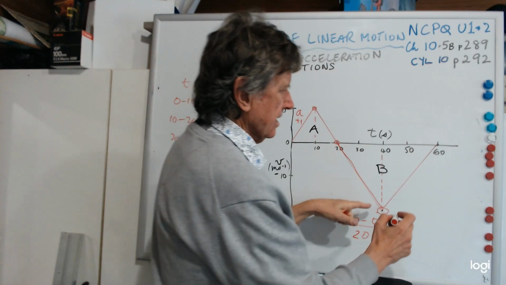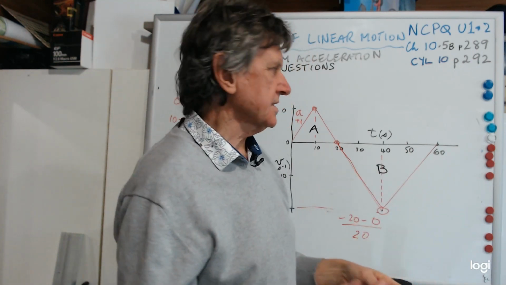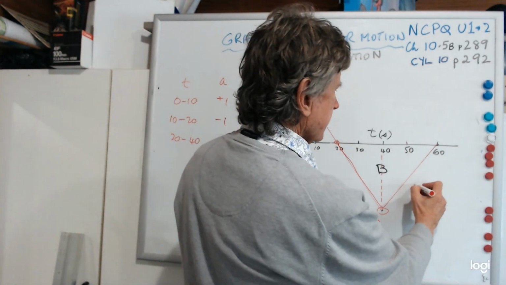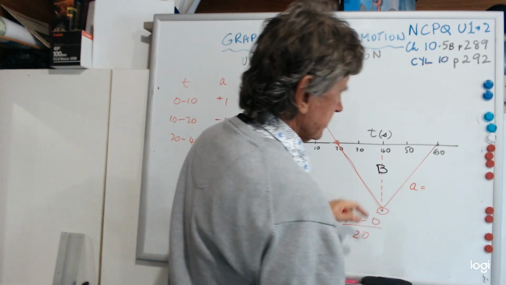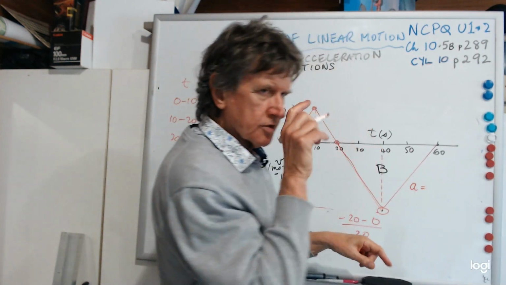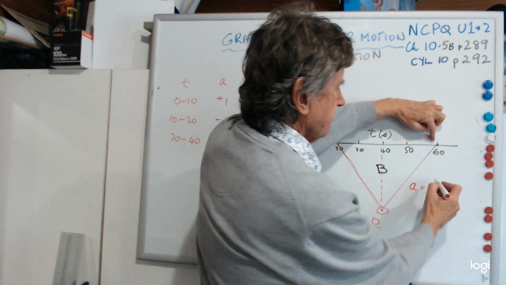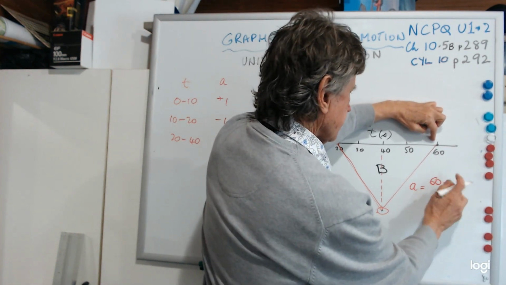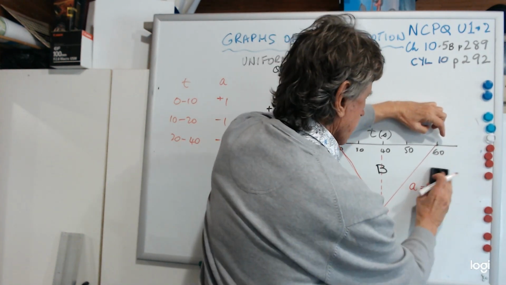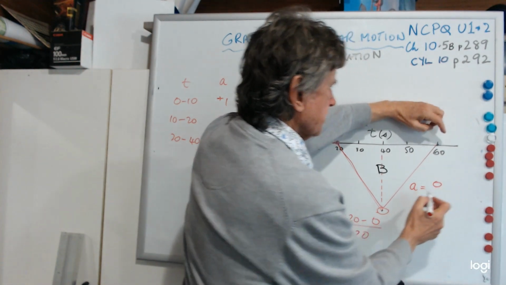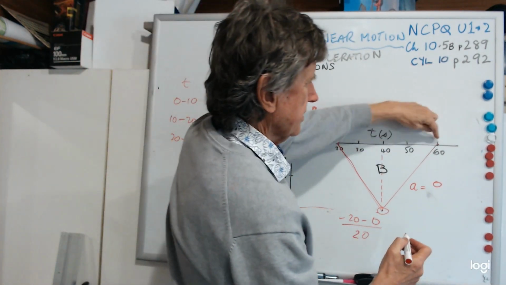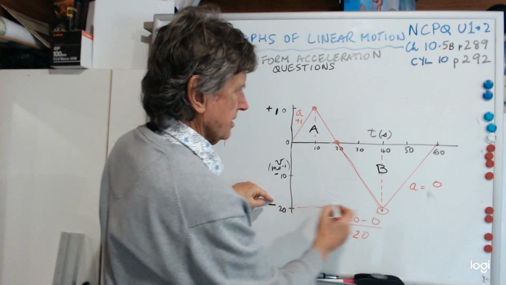And then back here, now this is the tricky bit, this is where everyone gets tangled up. The acceleration here is final minus initial. Final velocity is 0 there, minus the initial velocity, which was negative 20.